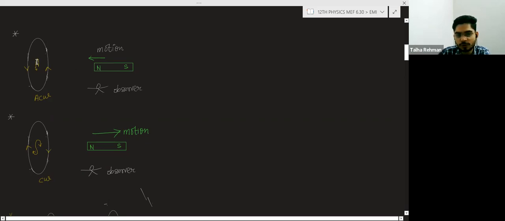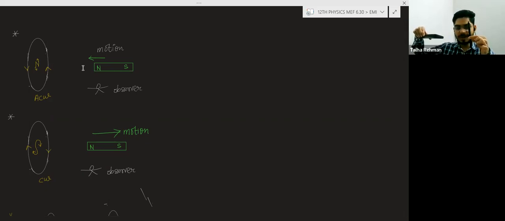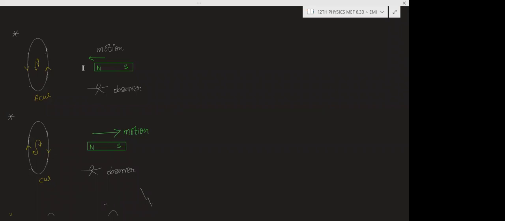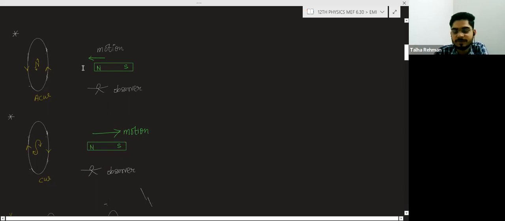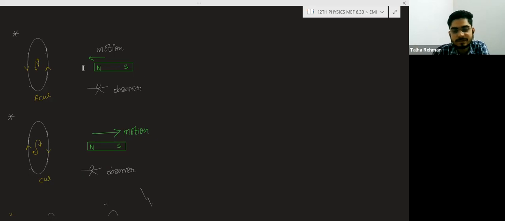If there is a north pole, north and north will repel. Suppose here is a north pole and this is a north pole, they will repel, meaning there will be some force of repulsion, so the motion of the magnet will be reduced. In this way I think it will be better to think. Otherwise, things will get messed up.